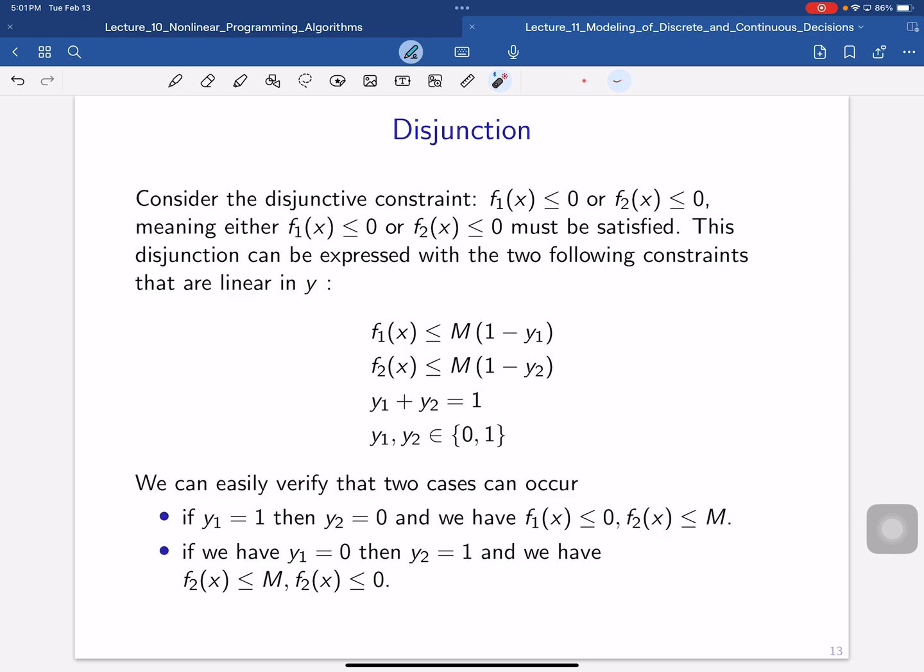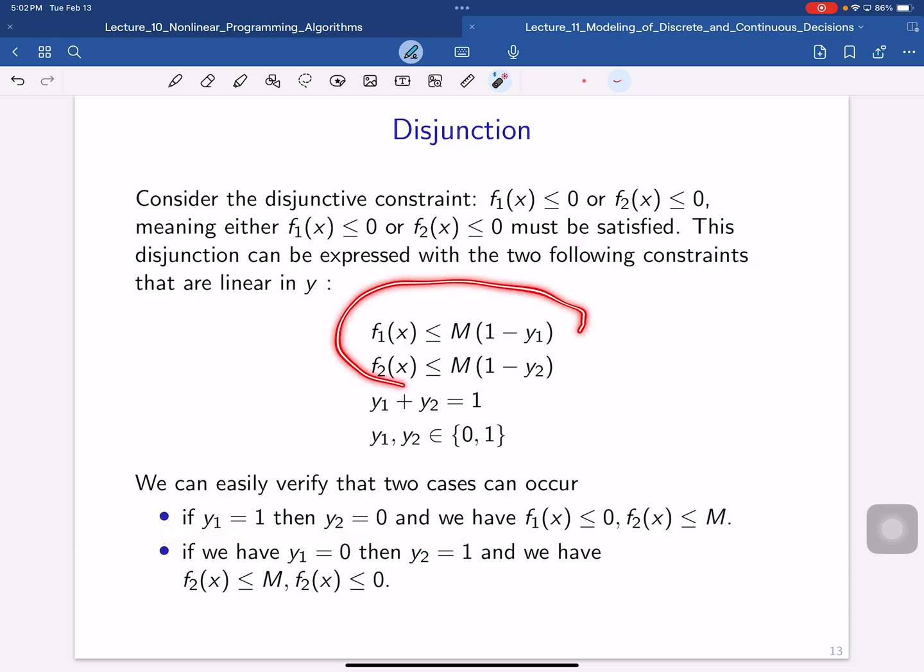If you observe this system of inequalities, we have two binary variables, y1 and y2. y1 represents that the first constraint has to hold. y2 represents that the second constraint has to hold. If you have y1 plus y2 equals 1, that means only one of them can hold. If y1 equals 1, then y2 must be equal to 0.